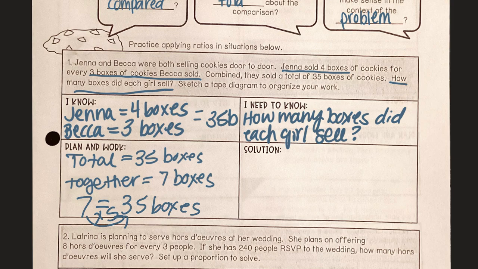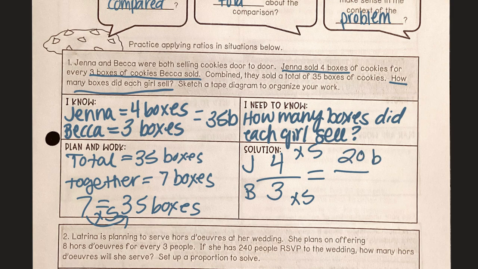So therefore, if I have my 4 to 3 ratio for Jenna's boxes and Becca's boxes, and my scale factor is 5, multiplying by 5, multiplying by 5, then that means that each girl sold, Jenna would have sold 20 boxes because 4 times 5 is 20, and Becca would have sold 15 boxes because 3 times 5 is 15.